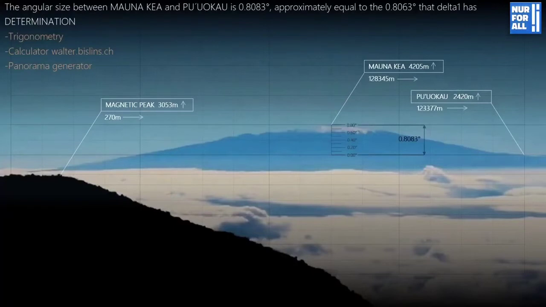That means that in any photo taken from the Haleakala where these two points are seen, we will know that they mean 0.8 degrees. We move that 0.8 degrees to the top of the Magnetic Peak to see where eye level is.